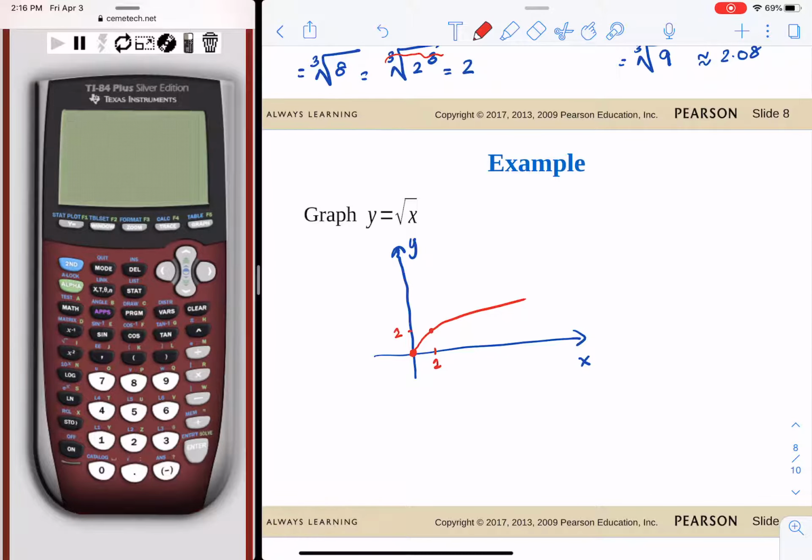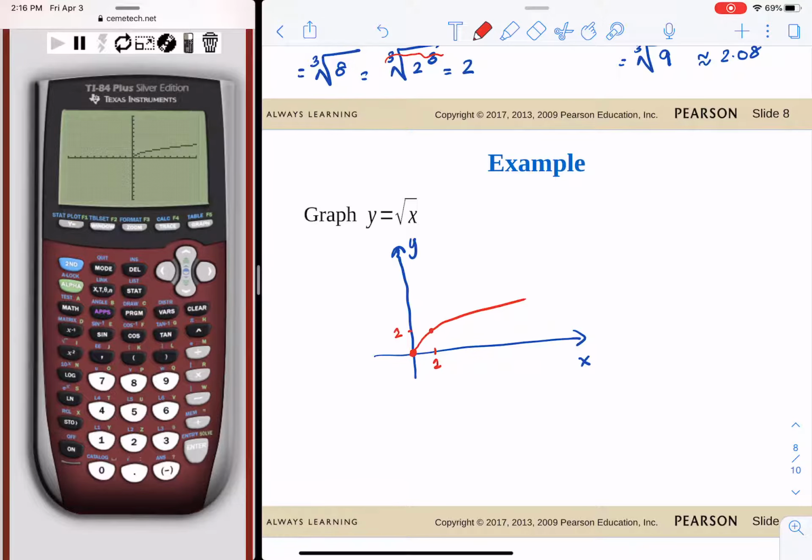So I can graph this using the calculator. So y equals square root of x, and enter and graph. And you can see the graph looks like the graph that I drew.